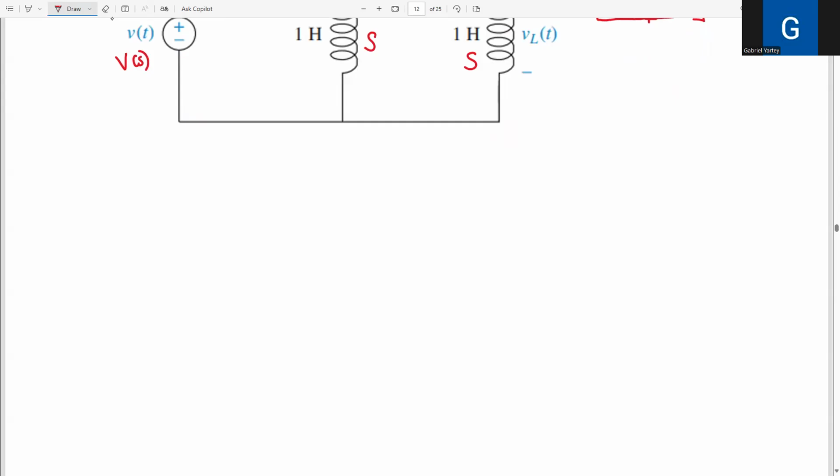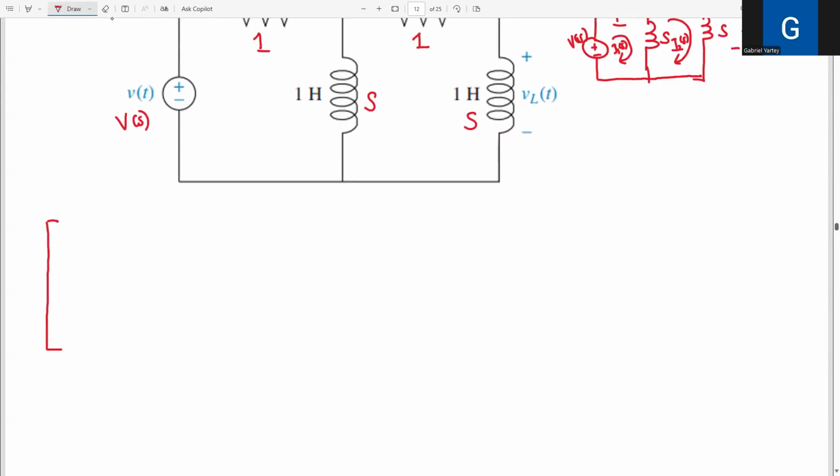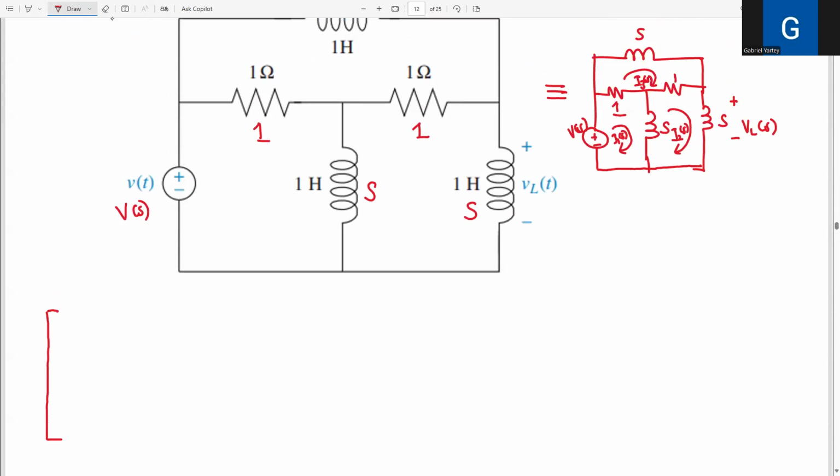So first of all, I have to get my 3 by 3 matrix of impedances. The first part is going to be all the impedances in mesh 1, right? So the impedances present in this first mesh are the 1 here and then the S here.